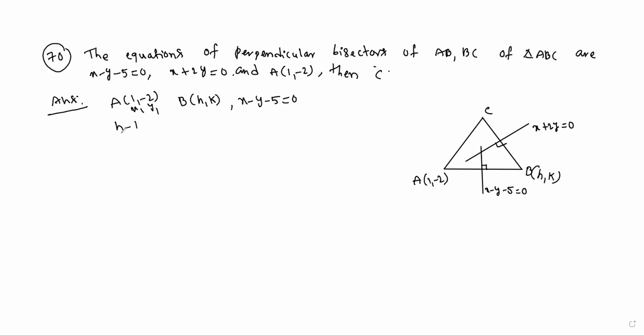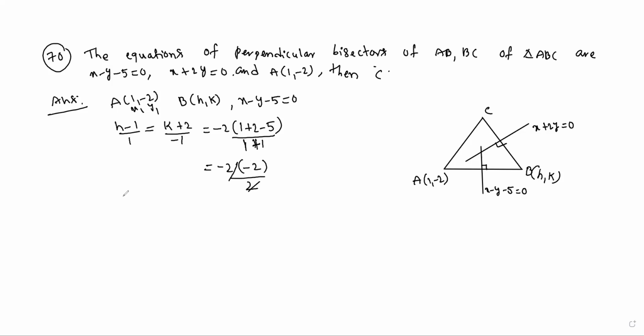So h minus 1 by A value 1, equals k minus of minus 2, that is plus 2, by minus 1, equals minus 2 times of a x1, that is 1 into 1 minus 2 into minus 2, that is plus 2, minus 5, by a square plus b square, where x coefficient is 1, y coefficient is minus 1, so 1 plus 1. Now that is minus 2 into 3 minus 5, that is minus 2 by 2.